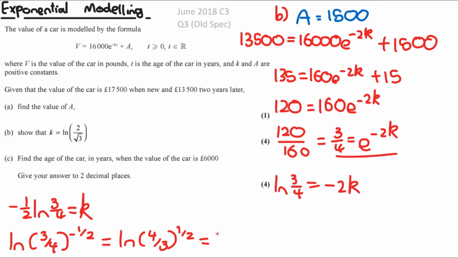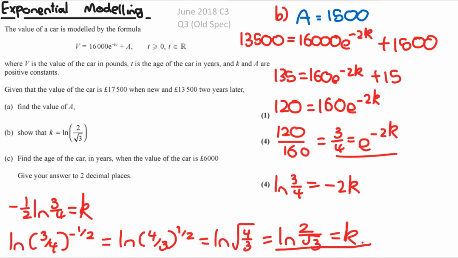And remember that a half power square roots it, so it's going to be the natural log of the square root of 4 over 3, and this is going to be equal to the natural log, the square root of 4 is 2, and then it's just going to be root 3, and this is equal to k, and this is what's required. The natural log of 2 over root 3 is equal to k.